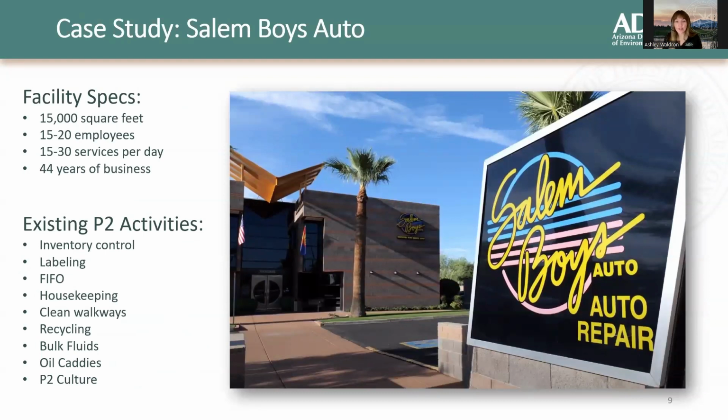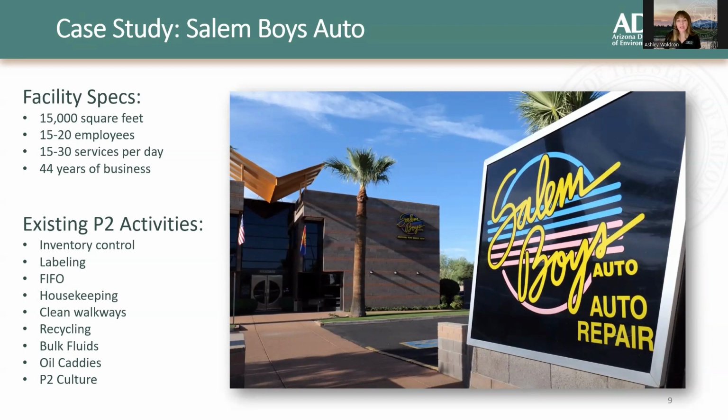So we decided to work on a case study with Salem Boys Auto. And before we begin, I just want to kind of orient you with the facility specs. They are 15,000 square feet, have up to 20 employees, up to 30 services per day, and they've been in the industry for quite some time. Although the business is now operating on a large scale, it really had humble beginnings as a small 6-bay auto shop in 1988 in a shopping plaza.